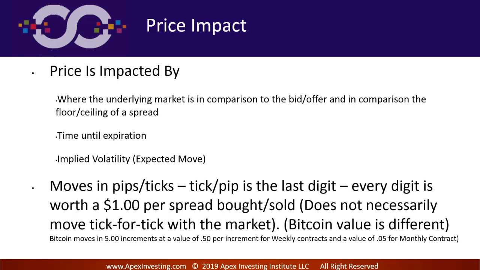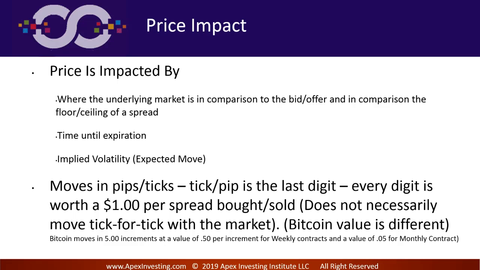Okay? So it moves in pips and ticks. So a tick and a pip is the last digit. And it's another fancy word for minimum increment move. You may have heard the word cent before, right? A penny, a cent. That's the minimum move of a dollar. Or tick-tock, like on a clock, is the minimum move on a clock.